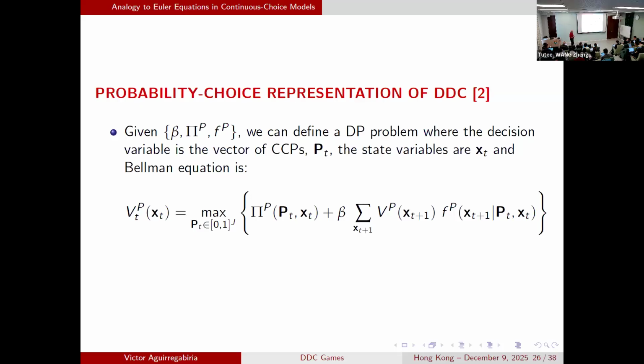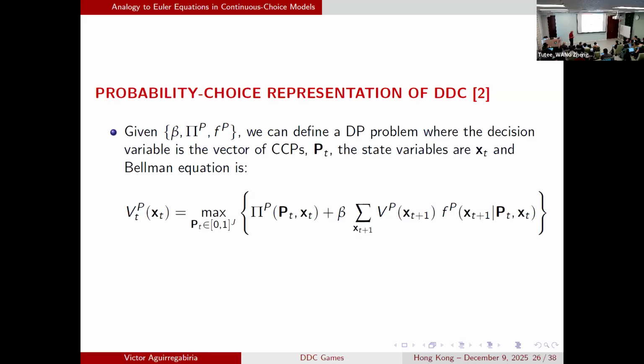And now we have a vector of value functions that is basically the standard vector of values that solves this Bellman equation. There is a unique solution because it's a standard Bellman equation.